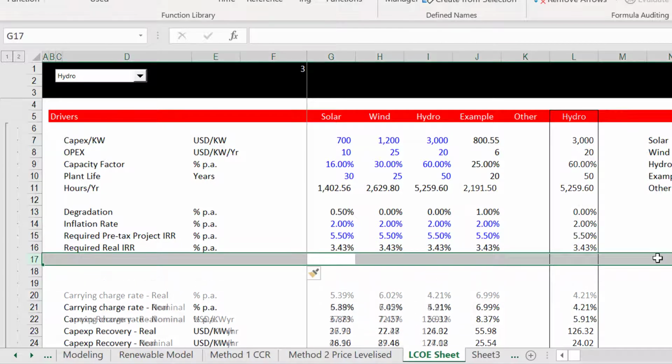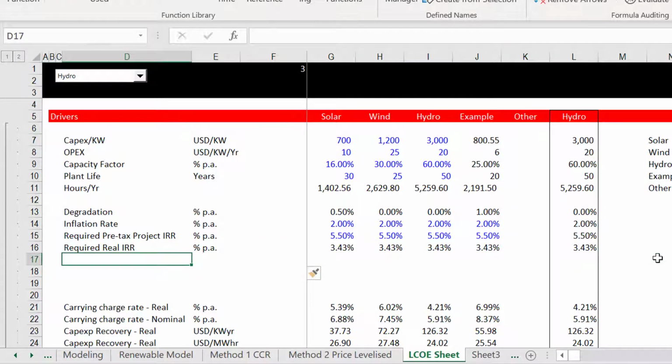What we can do is make an adjusted required return, adjusted for our inflation rate.